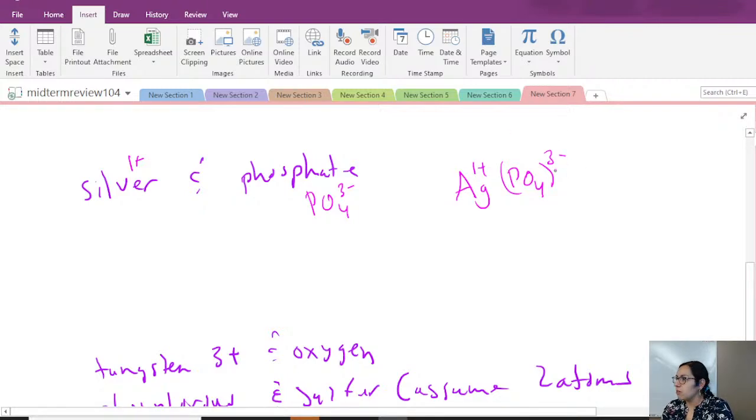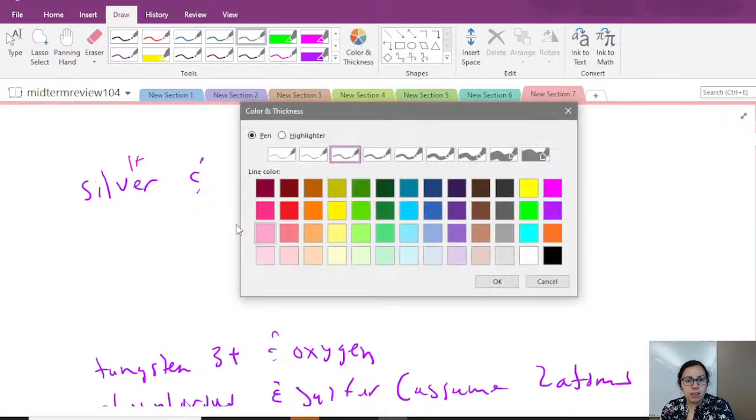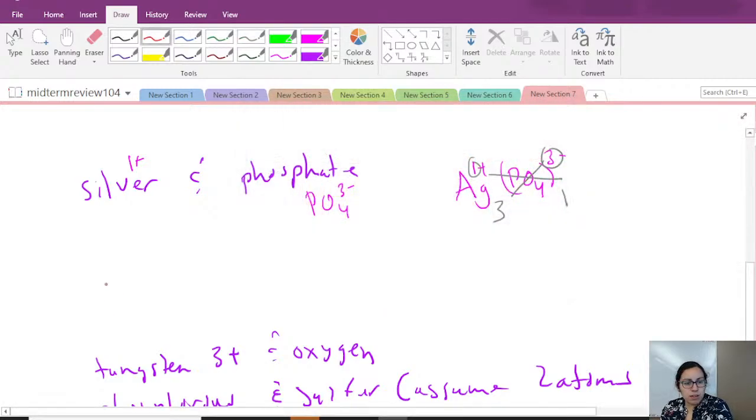Our phosphate, we looked at our chart, it was -3. And then we can swap them. So 1 there, 3 goes down there. And so that gives us our formula. So Ag3PO4.